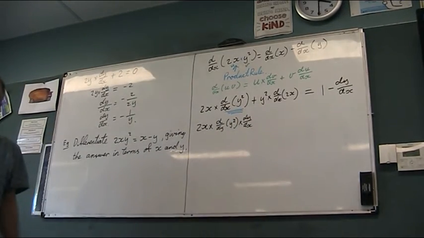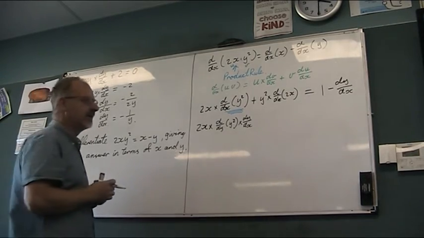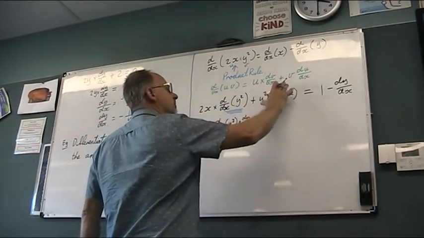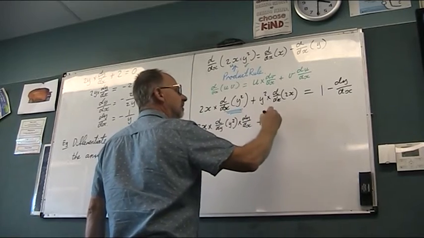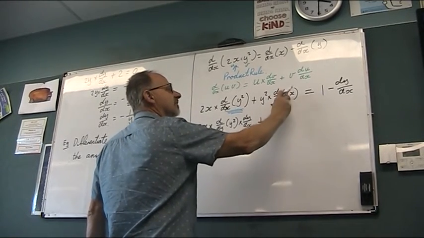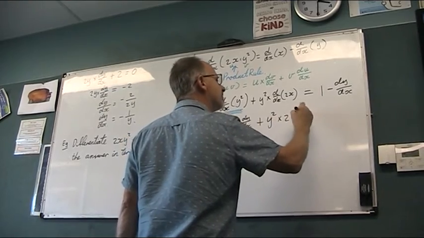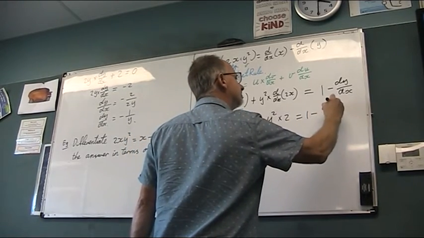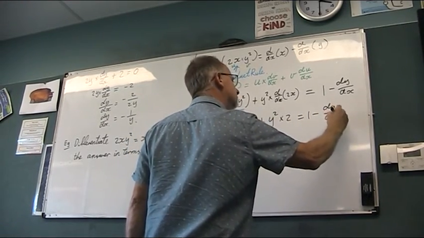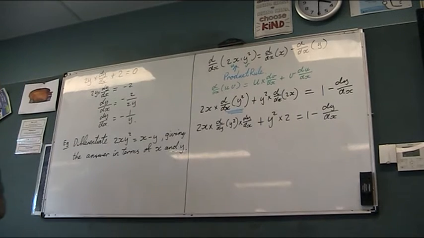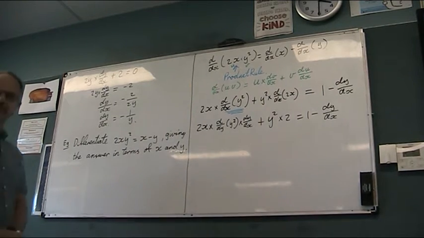All right, that's that chain rule implicit differentiation technique. This one here, y squared, it's 2x being differentiated, so it should be just times 2. And we've got that. Yes? Happy with that so far?